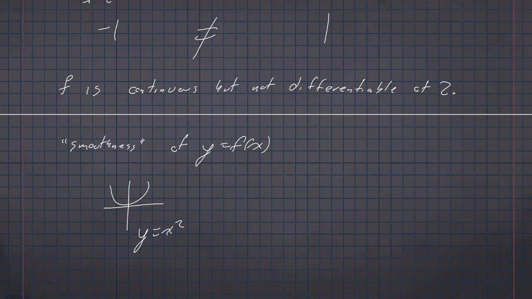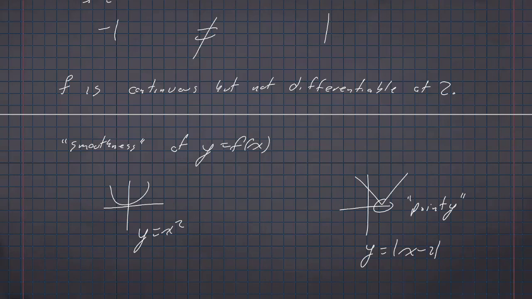Compare that to the absolute value. Absolute value of x minus 2 is this thing, which is pointy at the point x equals 2. Yes, that's a technical term.